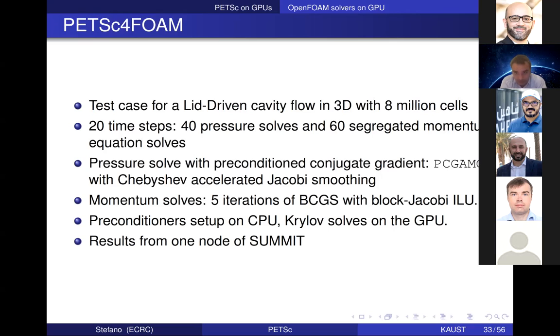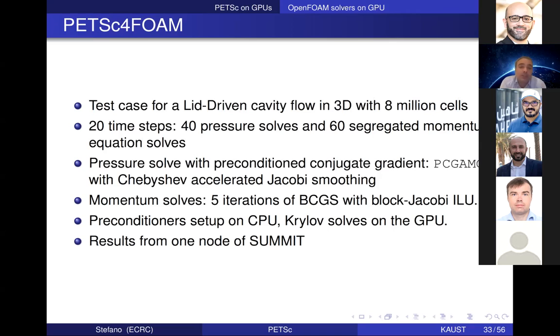I will use algebraic multigrid with Chebyshev accelerated Jacobi smoothing that runs entirely on the GPU. And for the momentum, I will use the standard used in OpenFOAM, just using the PETSc linear algebra. This also runs completely on GPU, even though the ILU algorithm doesn't map very well, but we want to have an algorithm that is completely GPU resident. As I said, part of the preconditioner setup is still on CPU.